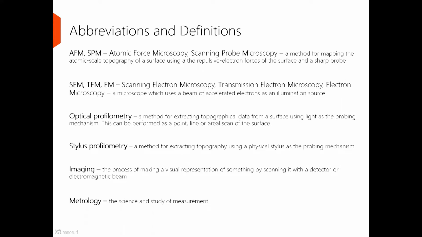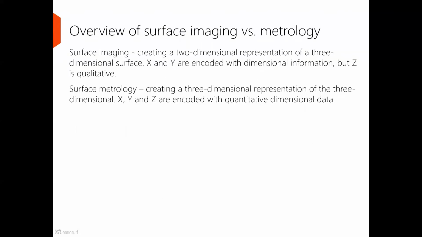And then I'll actually explore a little bit the differences between imaging and metrology as it relates to our samples here. So I do want to go over the differences between what I would consider surface imaging and surface metrology. Again, my definitions are going to be skewed a little bit towards the purposes of this discussion, not necessarily being 100% fully accurate. But I'm going to consider surface imaging to be what we would do if we created a two-dimensional representation of a three-dimensional surface.